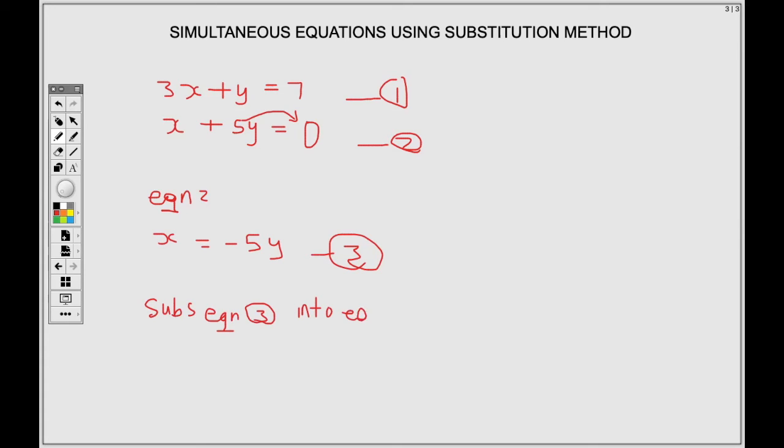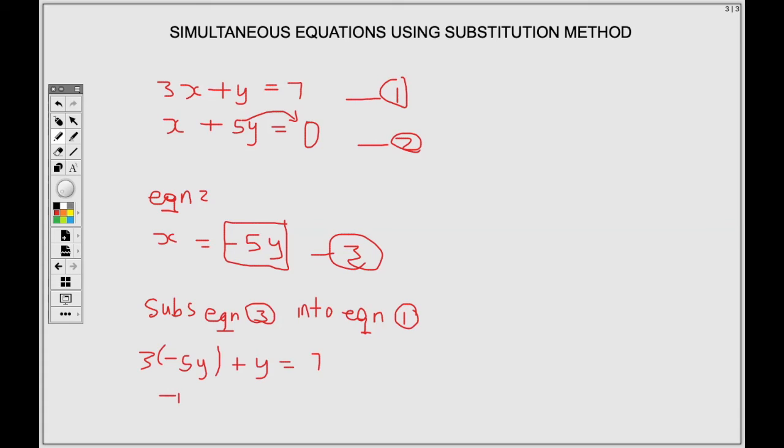So let me just write this equation, substitute equation 3 into equation 1, where I have minus 5y. Let me have this in a rectangular shape. I'll be replacing it in equation 1, where I have the x. So here you have it, 3 times minus 5y in brackets, being replaced in the x, plus y equal 7.